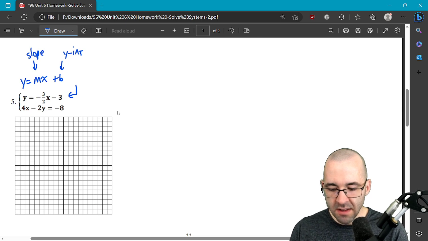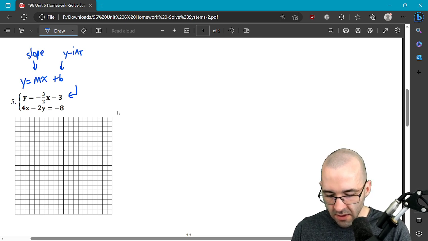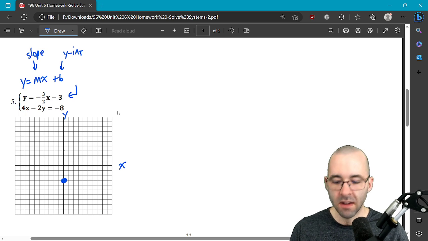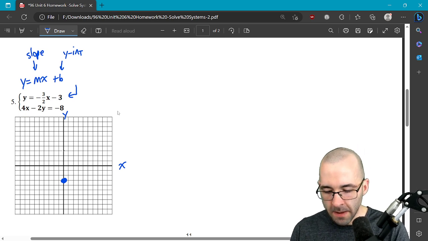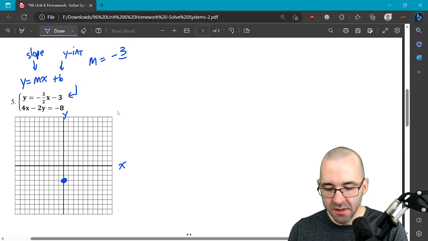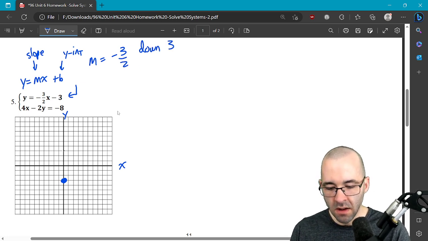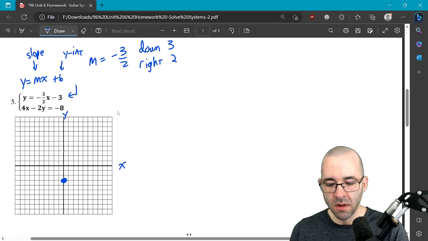If it crosses the y-axis at -3, this is our y-axis, this is our x-axis, and at -3, it crosses the y-axis here. That's what that's saying. And then the slope is -3/2, which means down 3 and right 2.